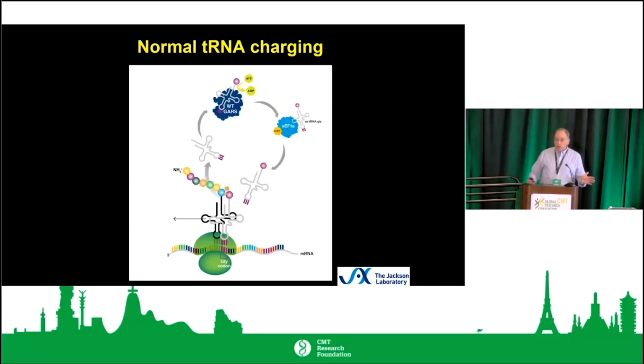I won't go through all of the biology that got us here, but during normal tRNA charging, the tRNA and the amino acid bind the enzyme up there at the top. That's handed off to an elongation factor, EEF1A, that takes the charged tRNA to the ribosome for protein synthesis and translation.